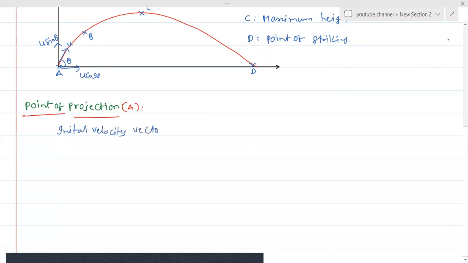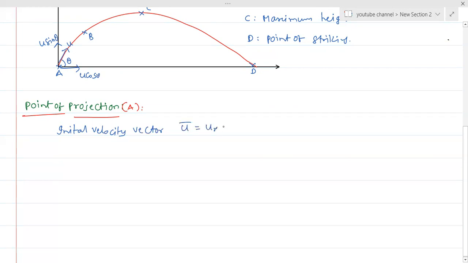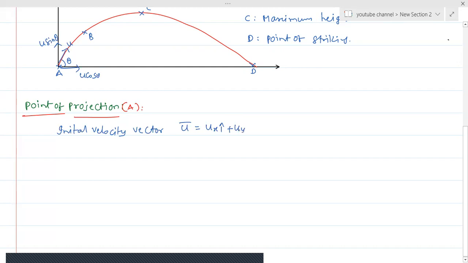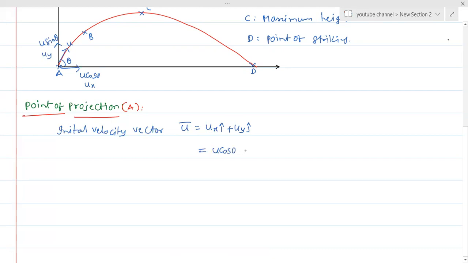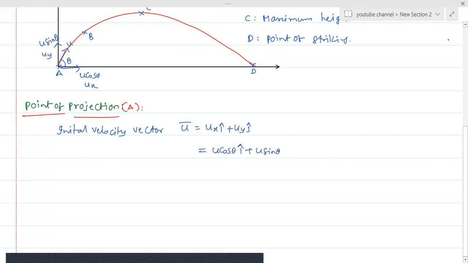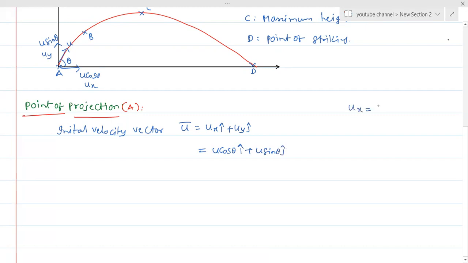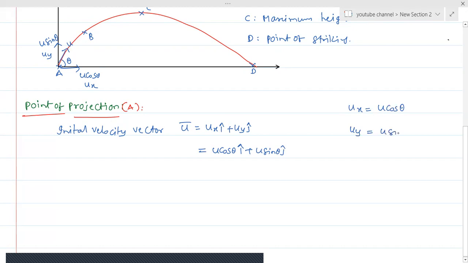The initial velocity vector u bar is equivalent to ux i cap plus uy j cap, where ux is the x component and uy is the y component. We write it as u cos theta i cap plus u sin theta j cap. So simply, the x component is u cos theta, usually called the horizontal component, and uy is u sin theta.